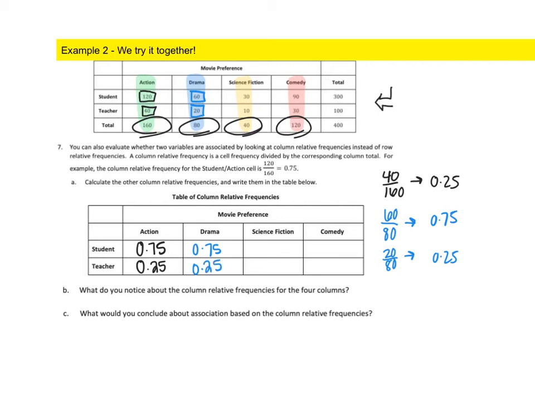All right, please go ahead and do the science fiction. Your fractions are going to be 30 out of 40 and 10 out of 40. Find those decimals. And you should have got 0.75 and 0.25.